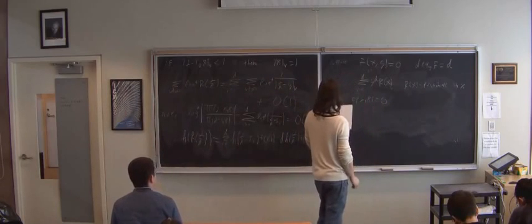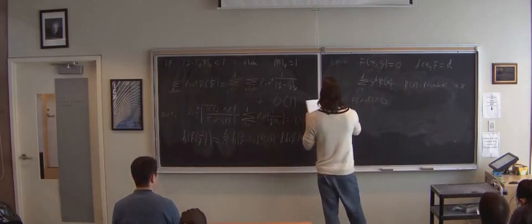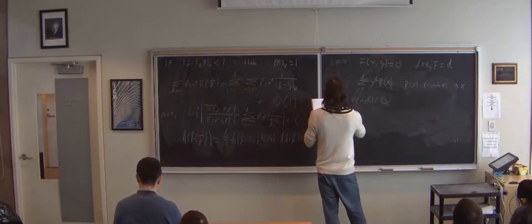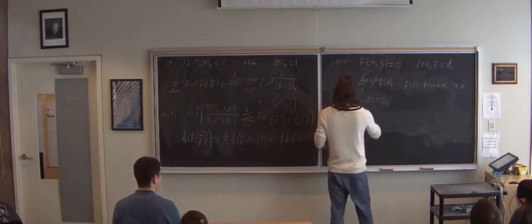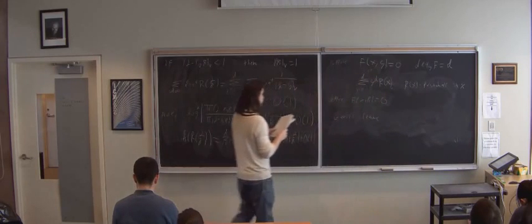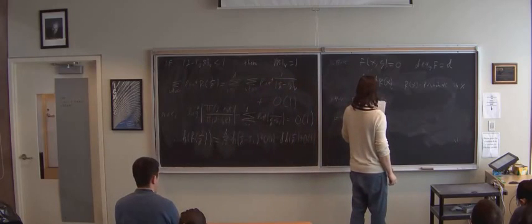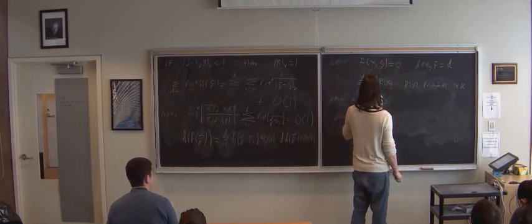Okay, so here's how we do it. First we use Gauss's lemma for the finite places, and what does that tell us?